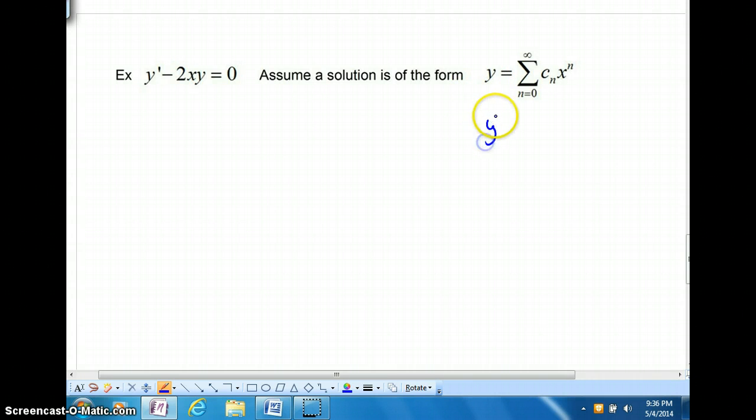Well, let's take a derivative. Now, something to remember about taking derivatives, hopefully you remember this in BC, we're going to lose our first term. And we're going to drop down an n, and this is x to the n minus 1. Use that power rule. Sometimes kids are looking at that thinking, wait a minute, why are we not writing n equals 0 anymore? Let's expand the original y. Why is this power series? The 0th term we'd have c sub 0 x to the 0.